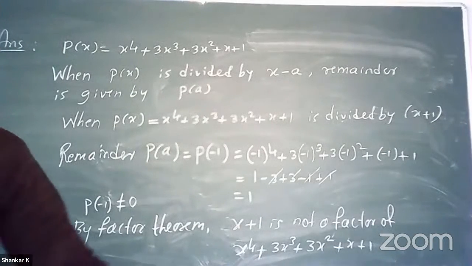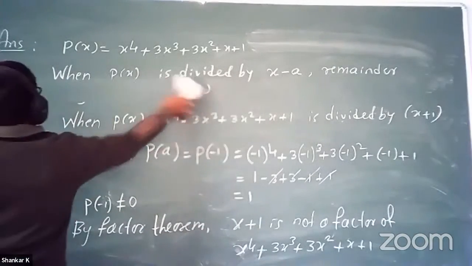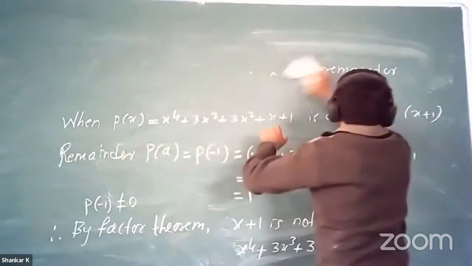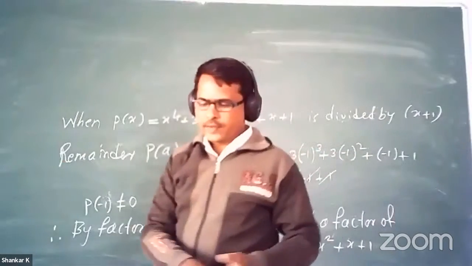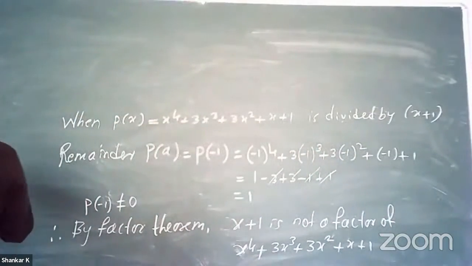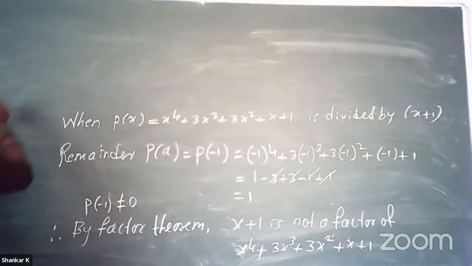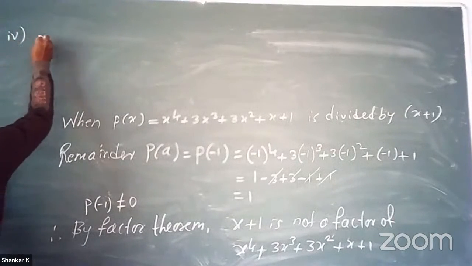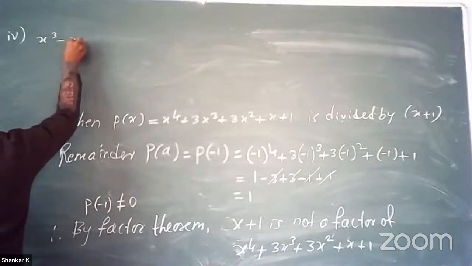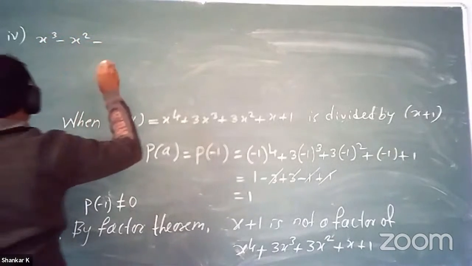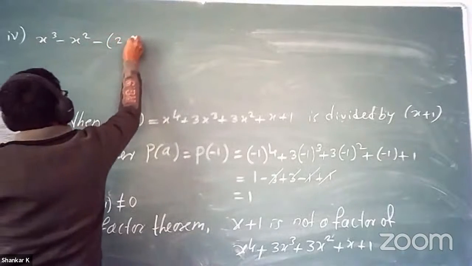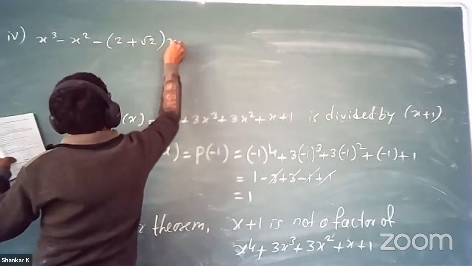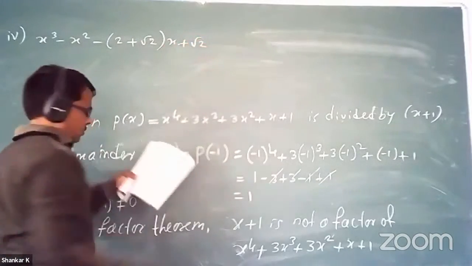Question number 4 is x cube minus x square minus (2 plus root 2) x plus root 2.